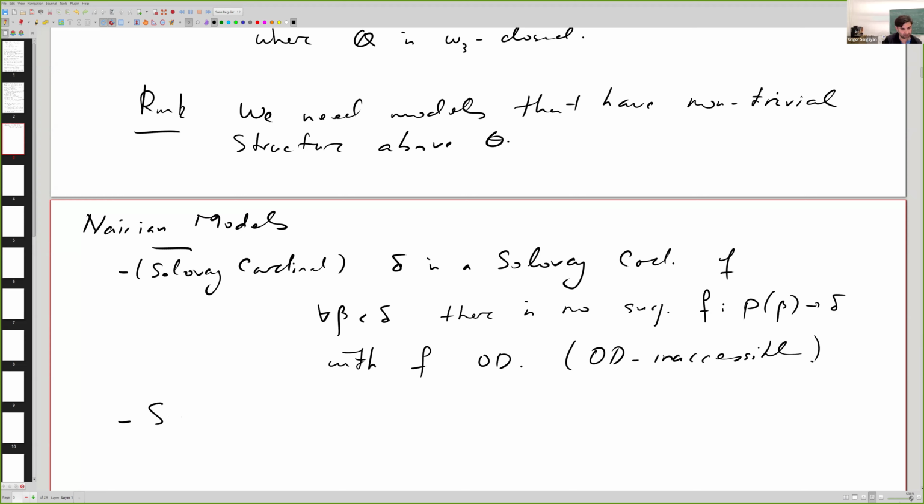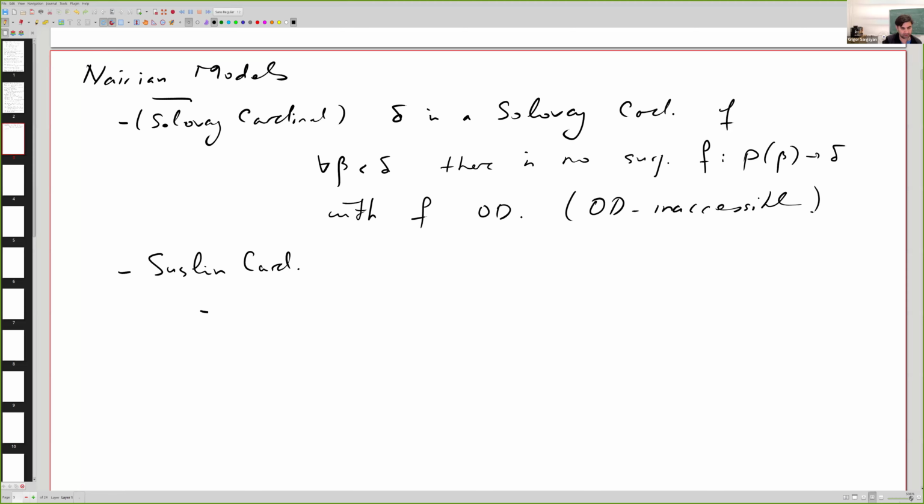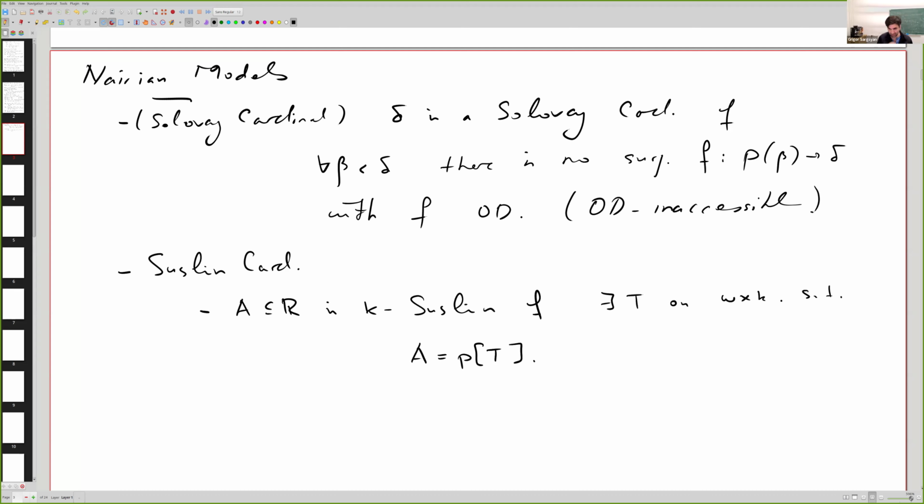We need Suslin cardinals. We say A is kappa Suslin if there is a tree on omega cross kappa, that means finite sequences crossed with initial segments of kappa, such that A is equal to the projection of T. So we're projecting on the real coordinate, right?